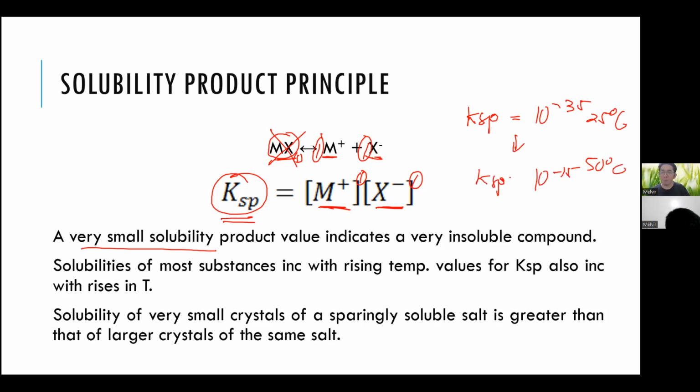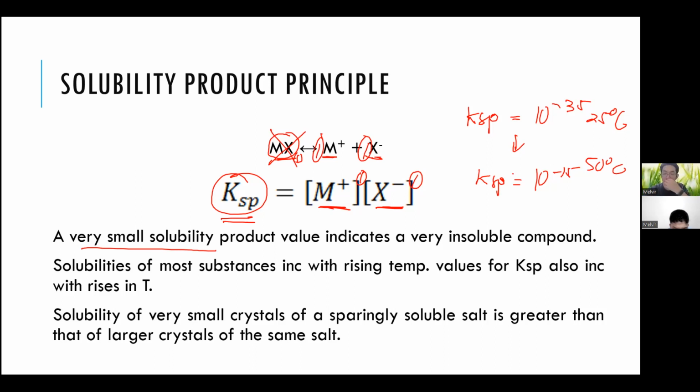So what happened here, Josh? Which has the higher Ksp value, 50 or 25 degrees Celsius? 50 po. Which one will have a higher Ksp value? One is negative 35, the other negative 15, so 50 is higher. Okay, correct, 50 degrees Celsius.